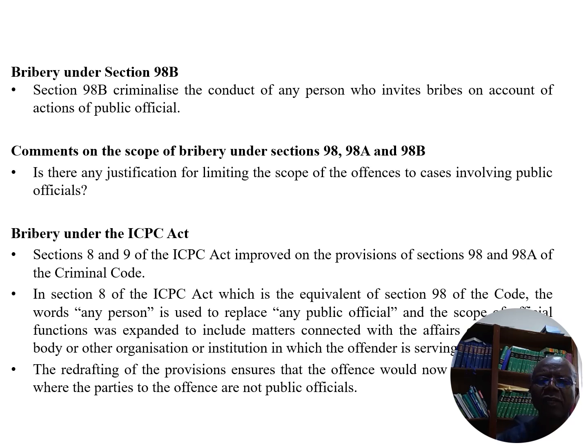Okay? And he collects the 500,000 naira from you. So he's inviting bribe on account of actions of a public official. He need not give any money to the Commissioner of Works. What the provision is criminalizing is a person inviting bribe on account of actions of a public official.